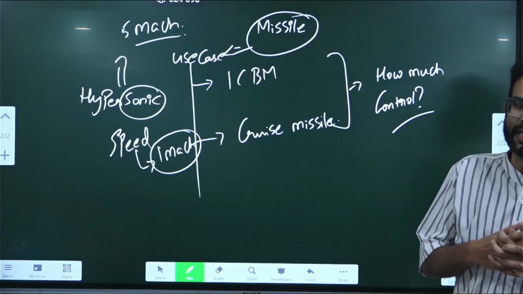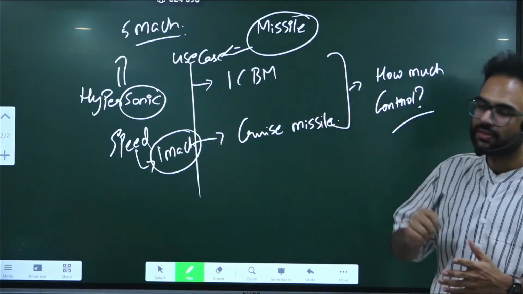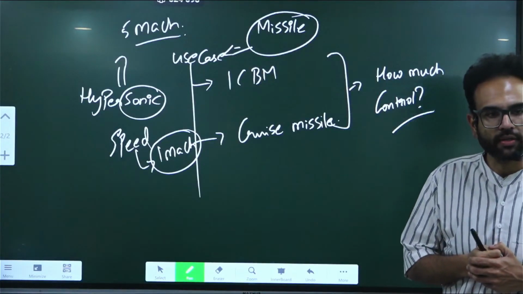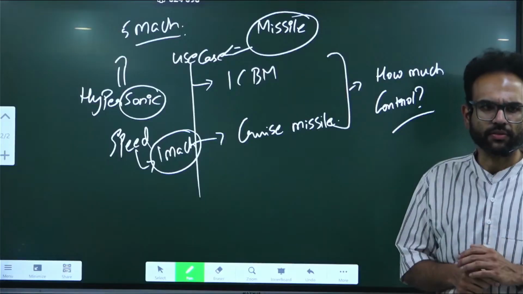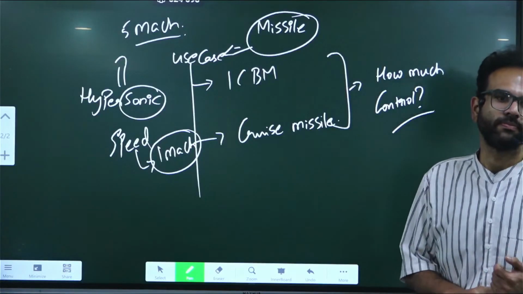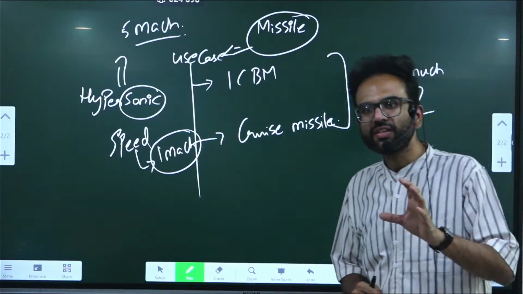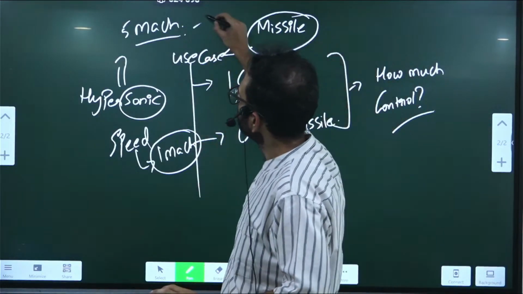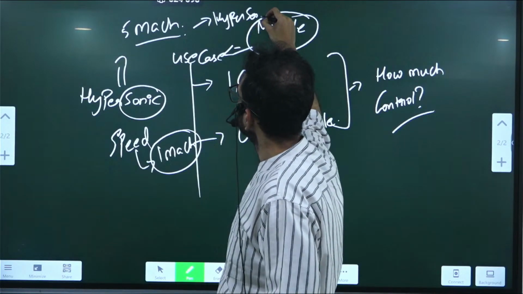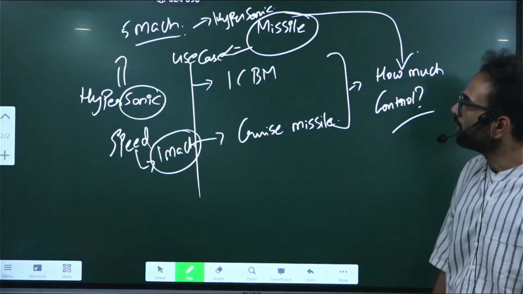So can I call every missile that travels above the speed of 5 Mach a hypersonic missile in defense classification? The answer is no. The classification in the defense industry of what constitutes hypersonic is again based on how much control you have.